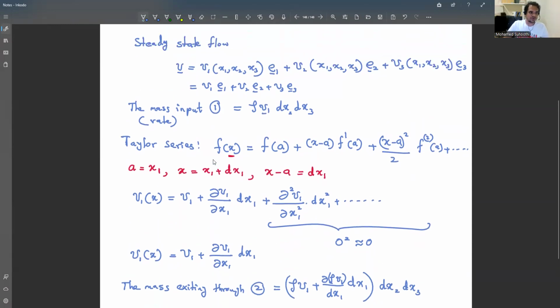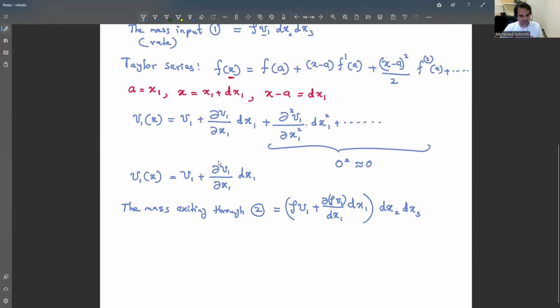So now what I'm going to do, I'm trying to calculate the net flow. That means mass loss, the loss of mass per unit time in the x1 direction.